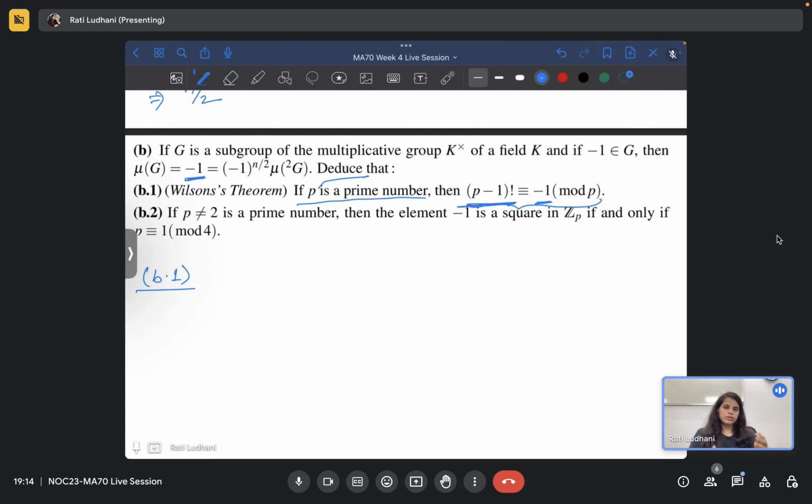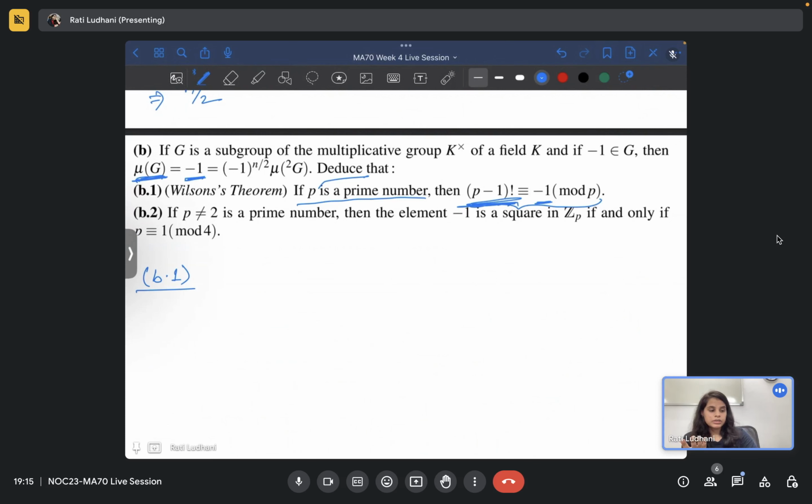This factorial is also a product, like 1 into 2 into up to and so on, p minus 1. So mu of G we are thinking the product to be 1, 2, 3, up to p minus 1. And mu of G is what? Fp cross, exactly. As I said, this is p minus 1 factorial. So mu of G is the product of elements of G.